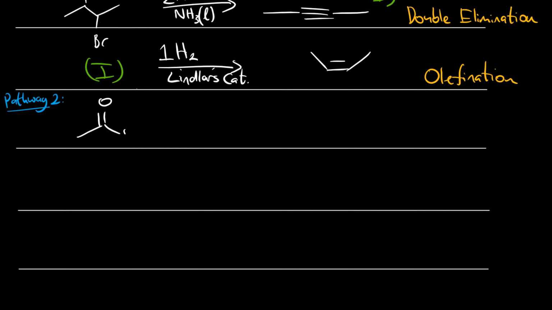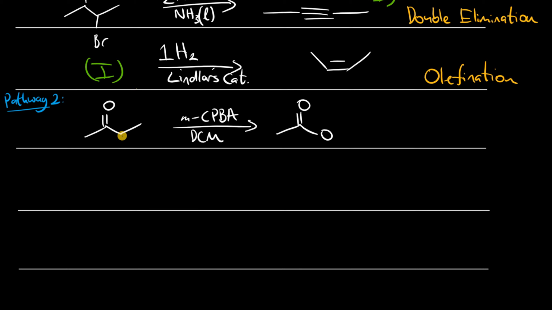So let's carry out the Baeyer-Villiger reaction, where we take our ketone and react it with mCPBA in a polar aprotic solvent. And just like in the previous example, the oxygen is sandwiched on the more highly substituted side. So in this case, it takes preference towards the secondary carbon, and in the process, it inserts the oxygen at that position.